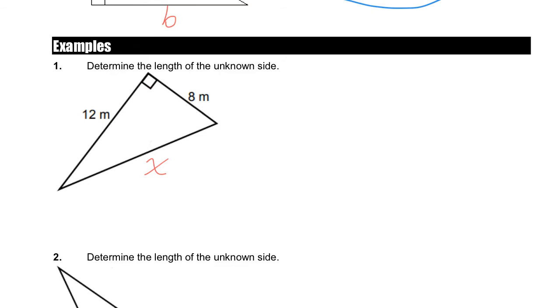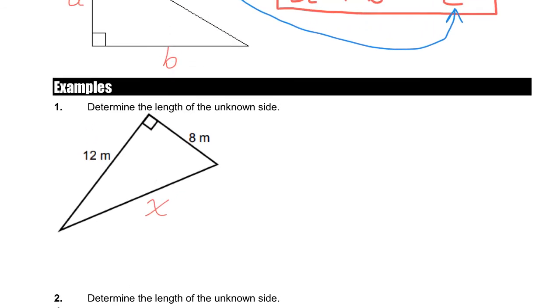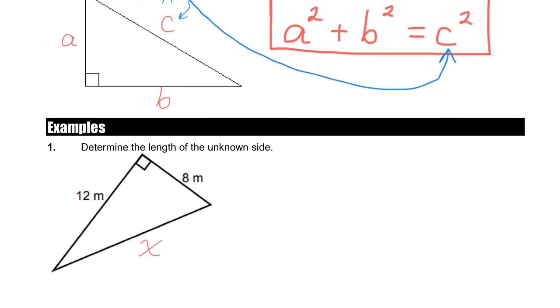So when I write my Pythagorean theorem, and I'll just go back up so you can see it, the Pythagorean theorem is a squared plus b squared equals c squared. c is the hypotenuse. Okay, so my hypotenuse is x. That goes in the hypotenuse spot. The 8 and the 12 just go wherever a and b are.